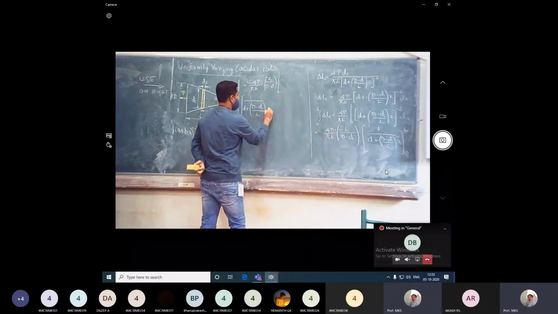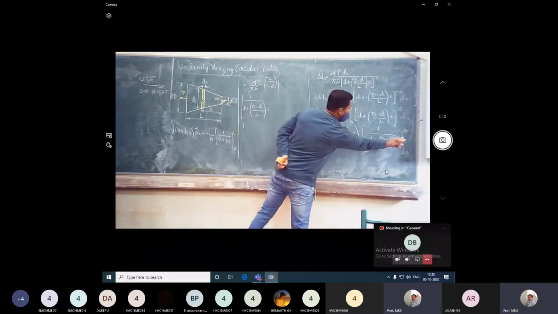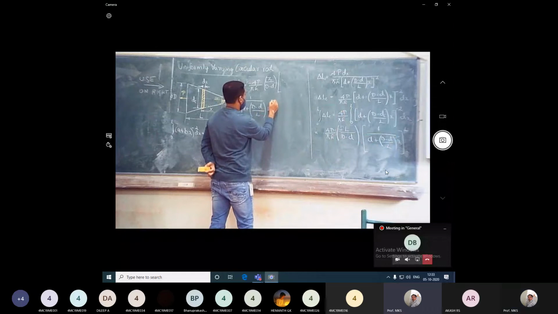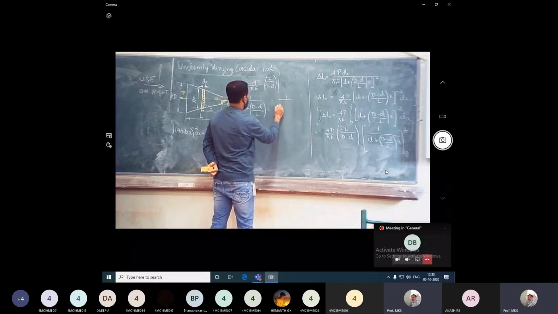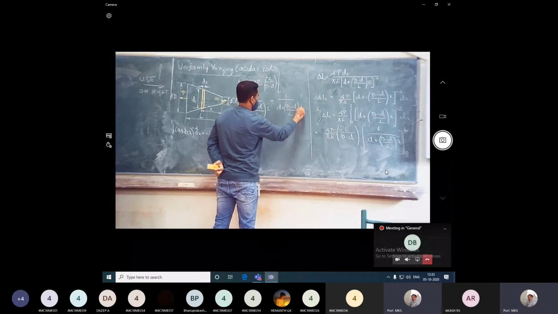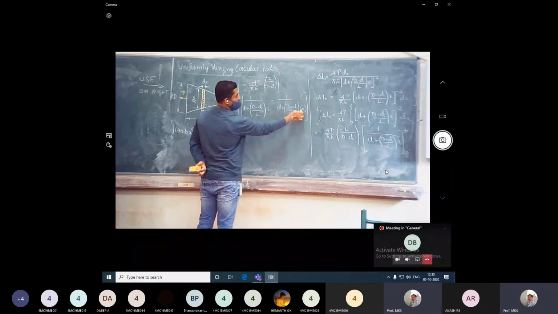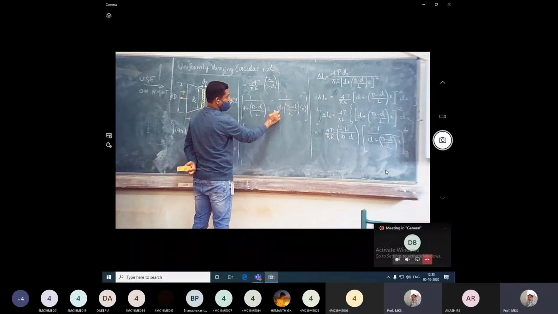So that will be equal to into L minus, apply the limit 0 next, into 0. Since it is into 0, this term is 0, and it will be remaining with 1 by d.